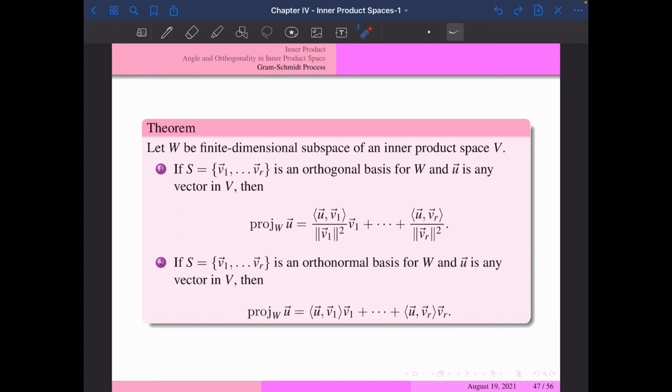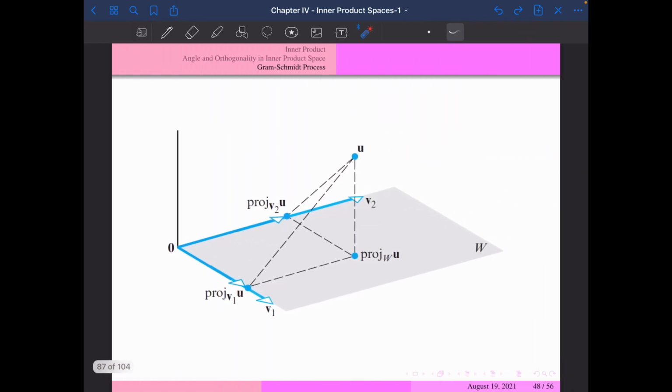Okay, before we prove this theorem, we need to have some picture here. What does this vector mean? You can see that we have a vector u here, so this one is vector u. If you project it on the subspace W here, what is this one?